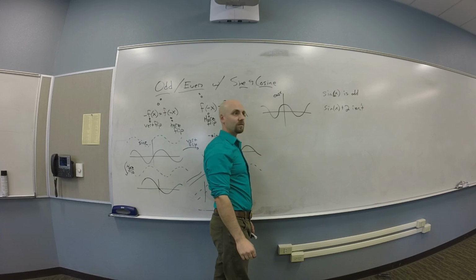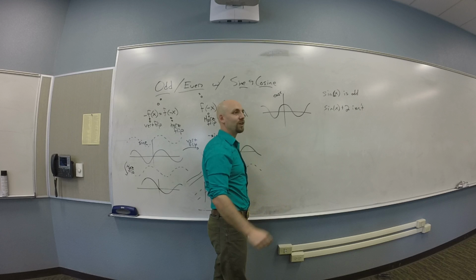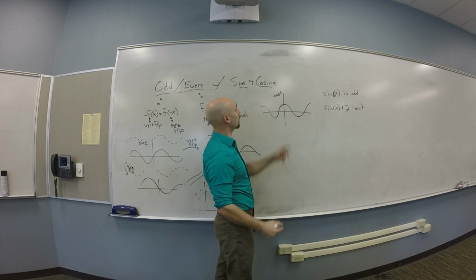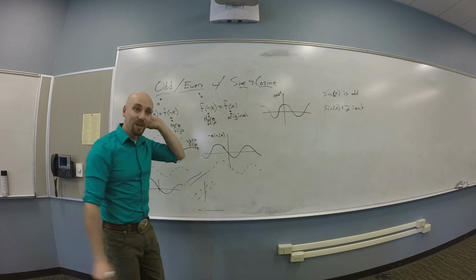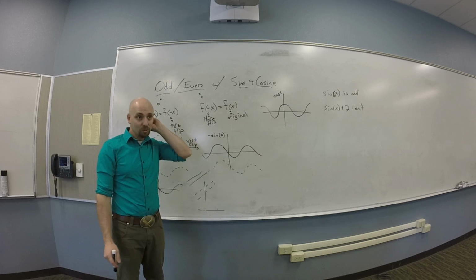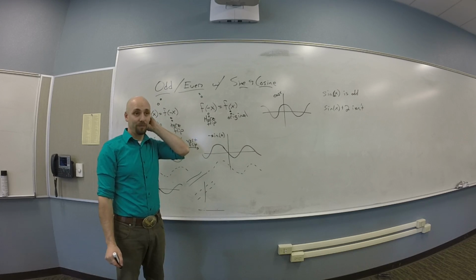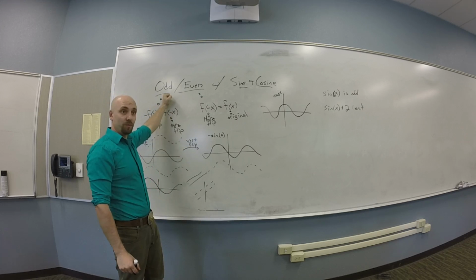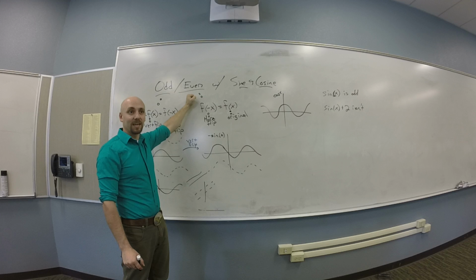I see it. Okay, then there are some rules for even and odd that are weird. Keep in mind the even and the odd aren't things about numbers. We're not talking about even and odd numbers, we're talking about even and odd polynomials. The odd things act like x cubed, and even things act like x squared.